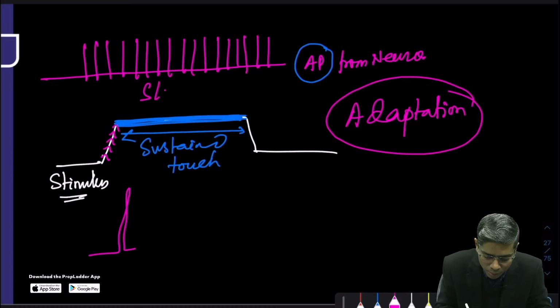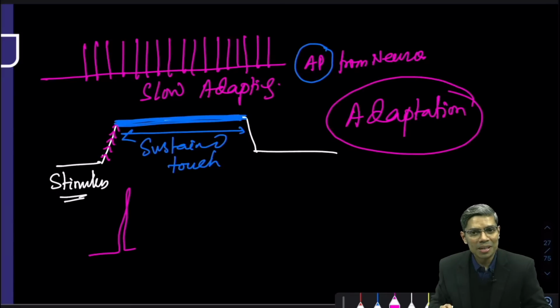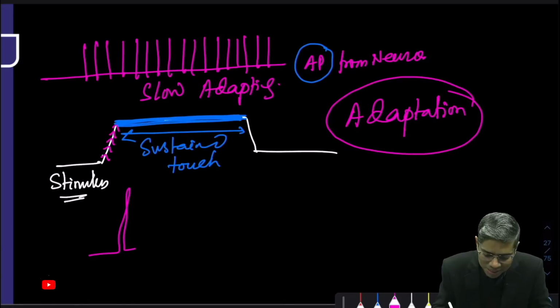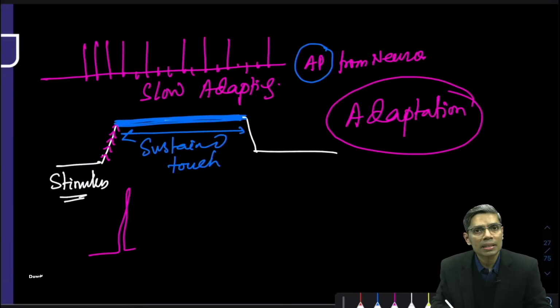So this is a typical slow adapting receptor diagram. And if the action potentials are disappearing quickly like this, then the receptor is getting adapted quickly, and that will be the example of a rapidly adapting receptor.